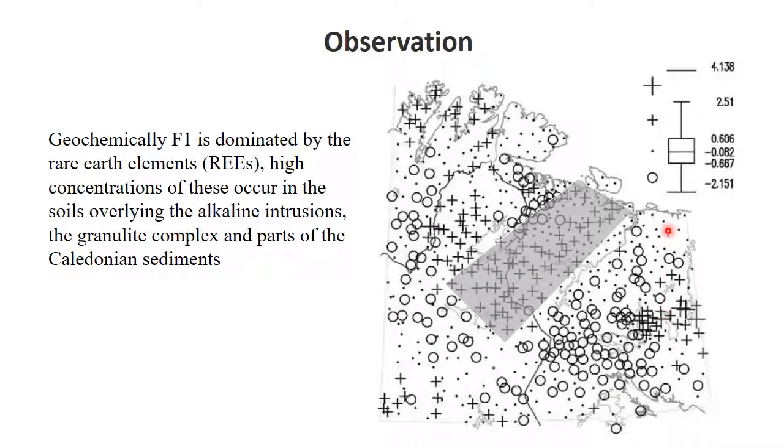This is the same COLA data set, and we're looking at those samples over here. And it turns out that all those samples with that high first factor variable lie over here, some over here and here, but there's definitely a concentration of it there. And so this was explained as soils that are overlying alkaline intrusion and related to that complex that was present in that location.